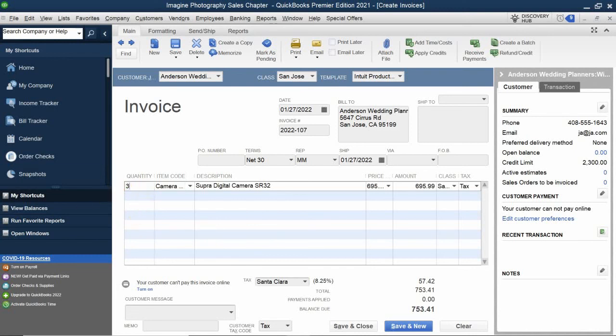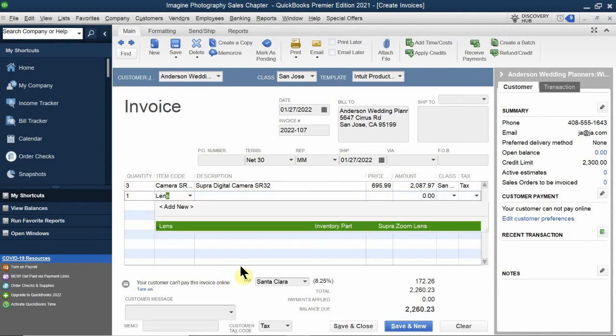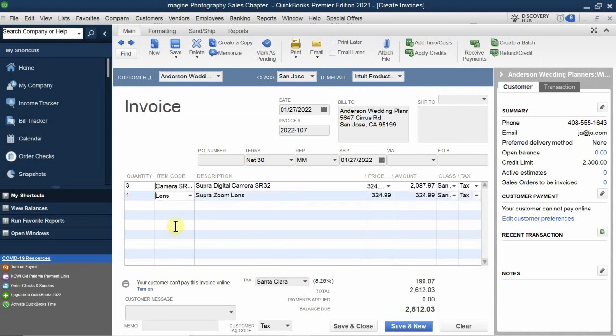So they bought 3 different cameras and they bought 1 zoom lens. Now we have items that are taxable and items that are not taxable. Let's say we have a store-wide sale. Everything is going to be 10% off or 15% off, whatever discount you decide to have.